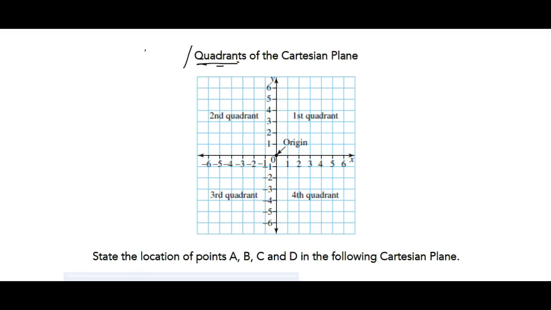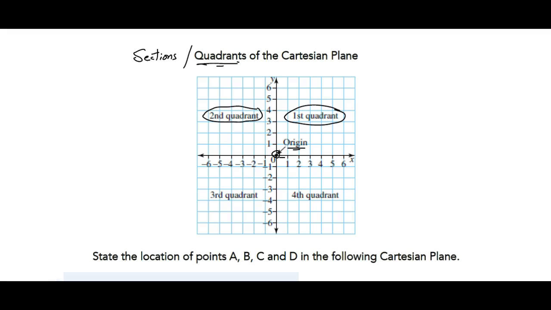Now in the last section of this lesson, we are going to look at the quadrants, or the different sections of the Cartesian plane. As we talked about earlier, the point in the middle, which is our 0, is the origin. If both x and y are positive, that becomes the first quadrant. If x is negative and y is positive, that's our second quadrant.